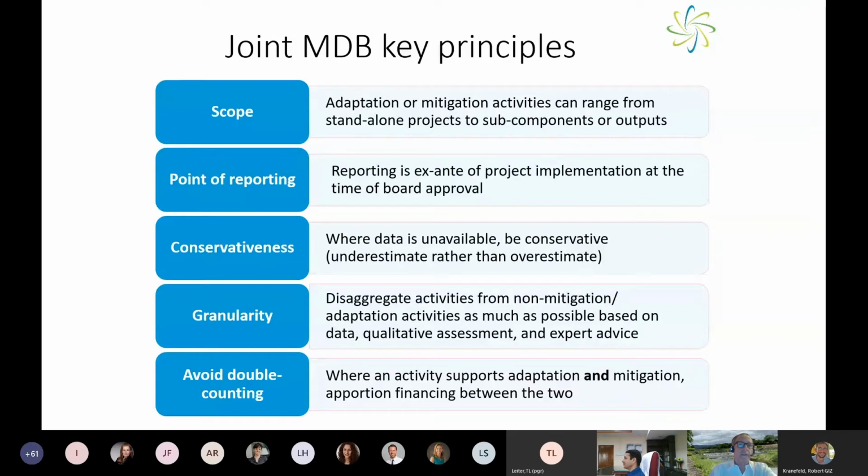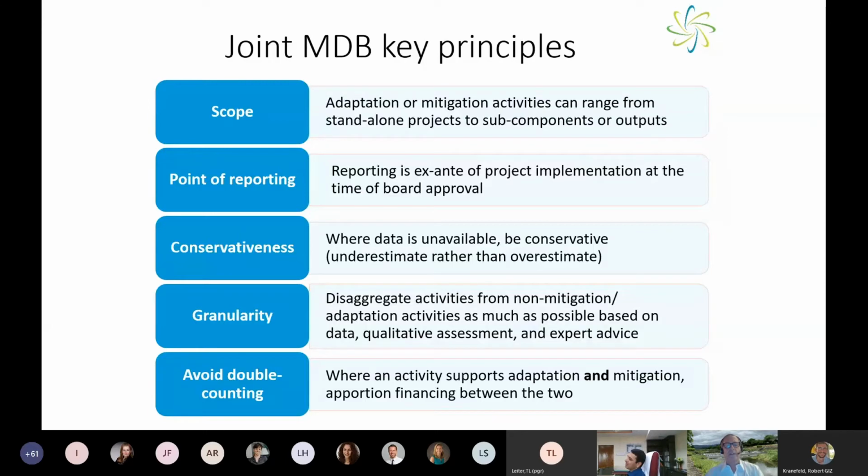Let me say this is an agreed framework across all the multilateral development banks, ADB, World Bank, Inter-American, African, and this is what we're expected to report on. So it's very similar to the previous discussion, except we have to monetize everything.